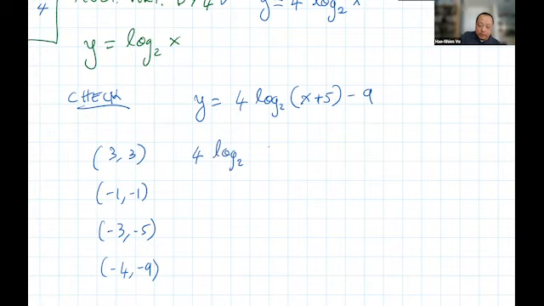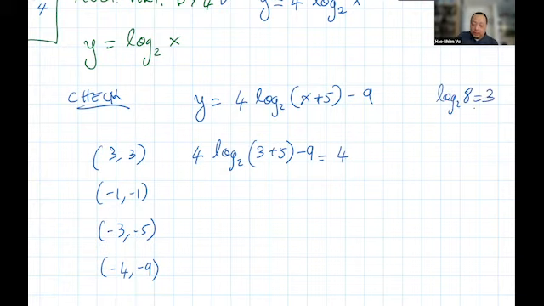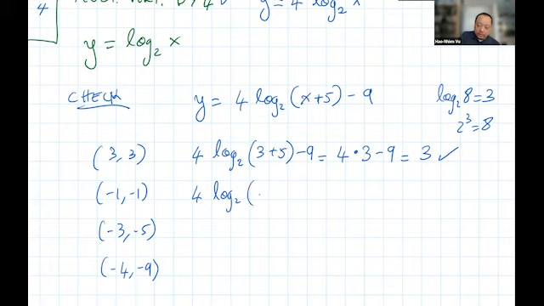For the first, 4 times log base 2 of (3 plus 5) minus 9 is equal to 4 times log base 2 of 8, which is 3, because 2 cubed is equal to 8. 4 times 3 minus 9, 12 minus 9, is equal to 3. That works.